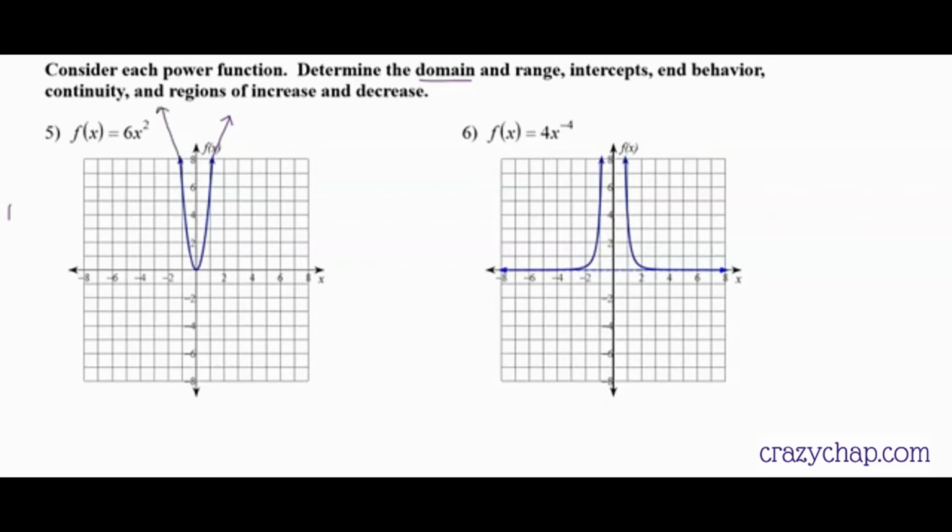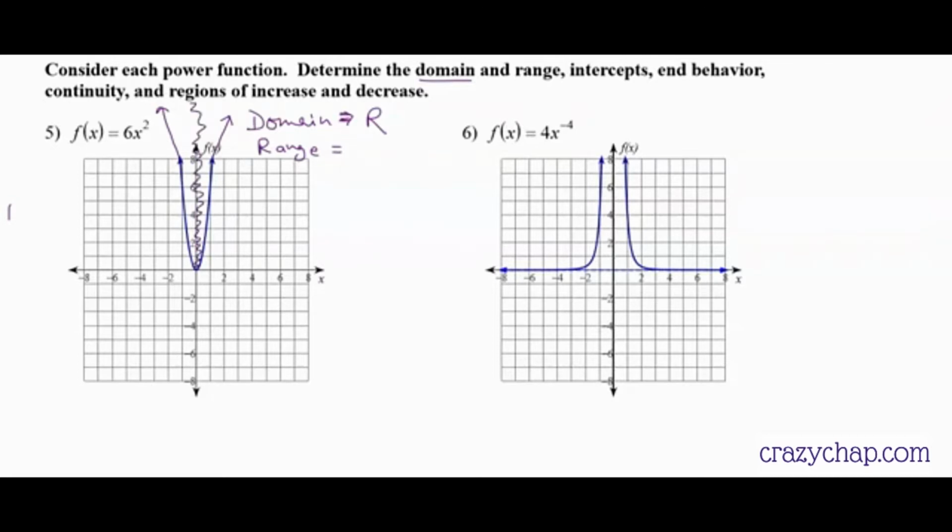So we will say domain is all real values, capital R. And range means the y values that it covers. These are the y values covered by the graph, right?